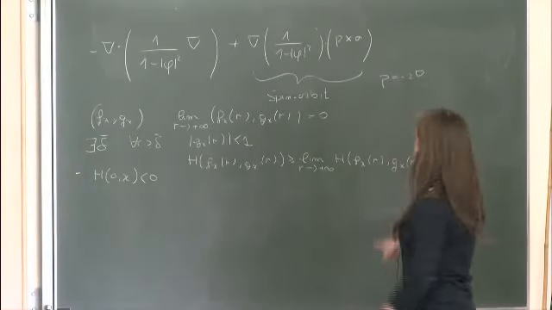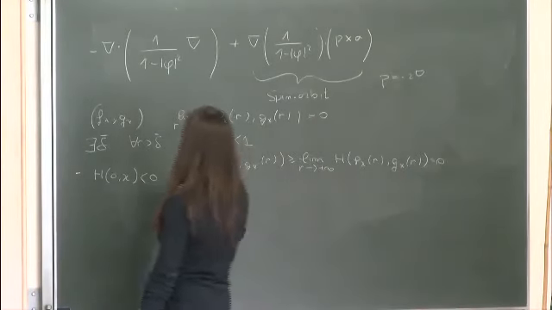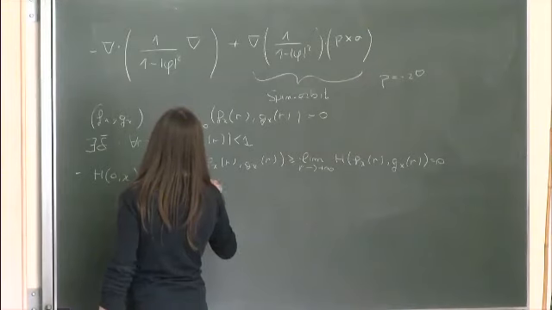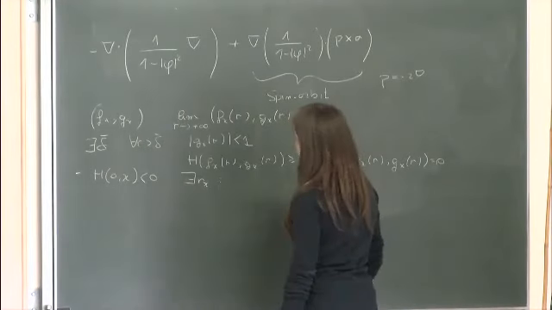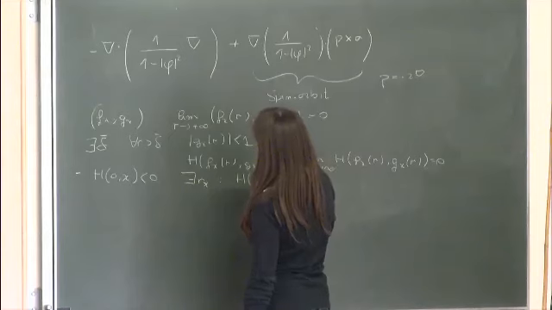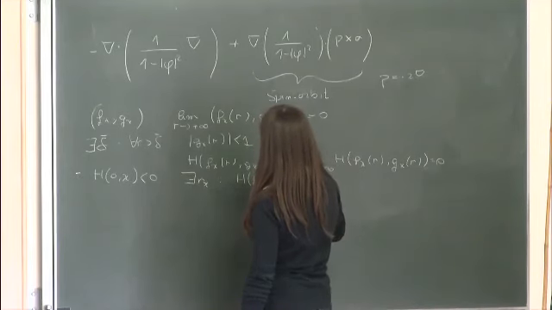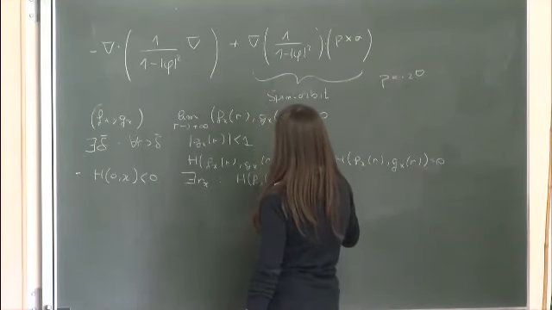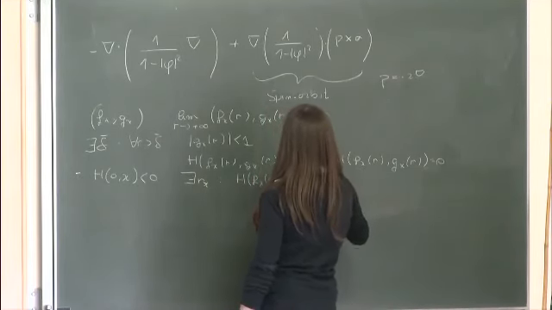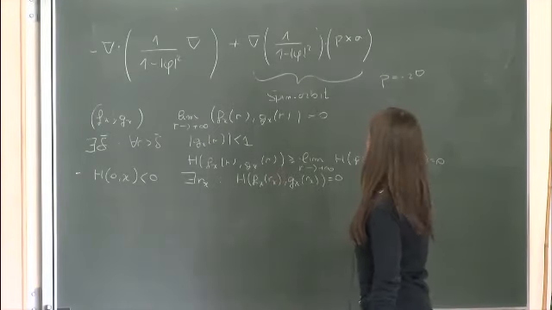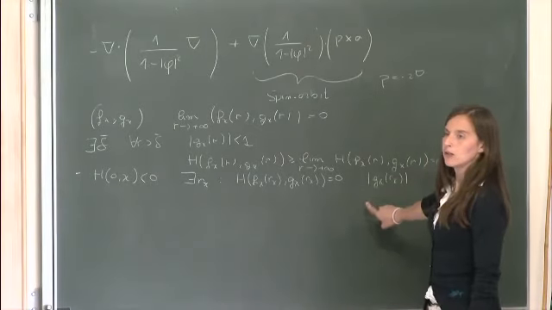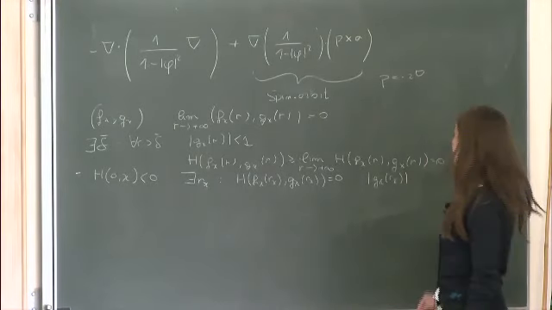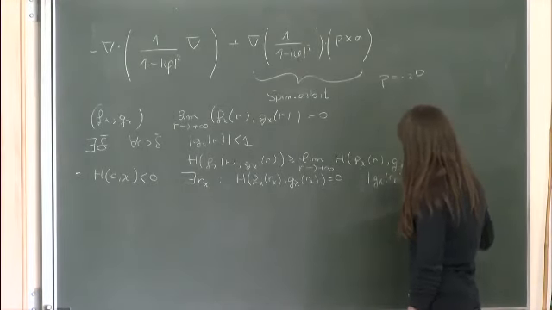Then, because of this fact, there exists an R(x) such that the energy is 0 and the absolute value of g(x) is smaller than 1.